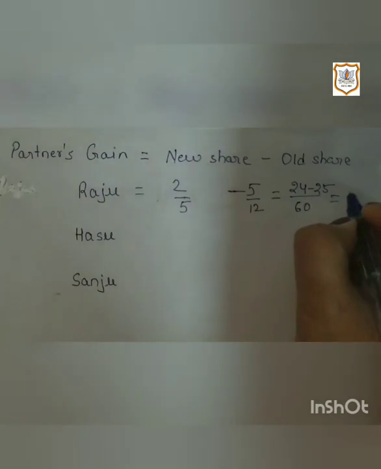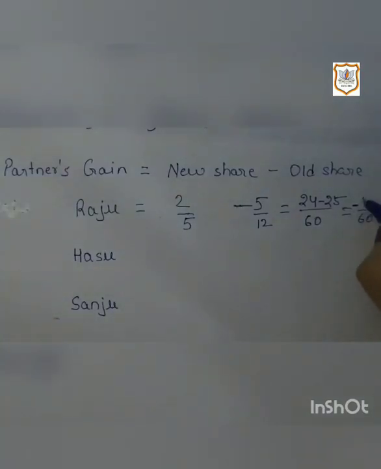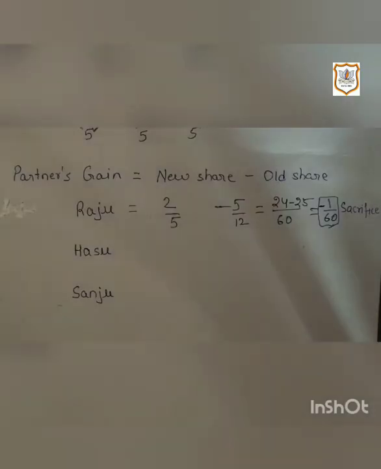So here the answer is minus 1 by 60. That means here Raju is not gaining, he is sacrificing. As here we have applied the formula of gain ratio and we are getting the answer with negative sign. So it indicates that he is not gaining, rather he is sacrificing.